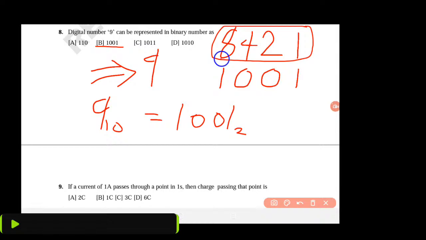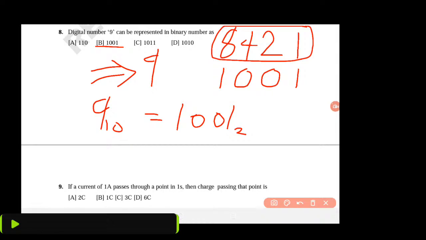That is 8 and 1. So we represent those two numbers, 8 and 1, with a binary digit 1, and every other number will be represented with 0. That is why our 9 in base 10 is equal to 1001 in binary, and that is option B.